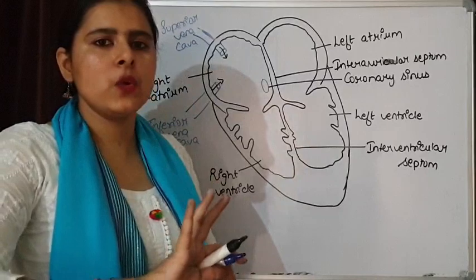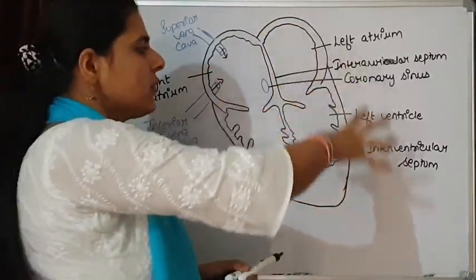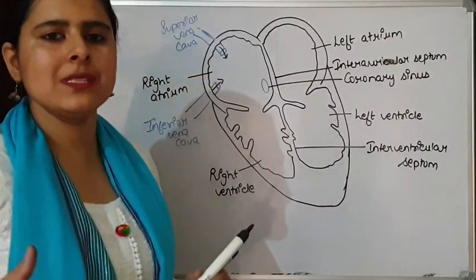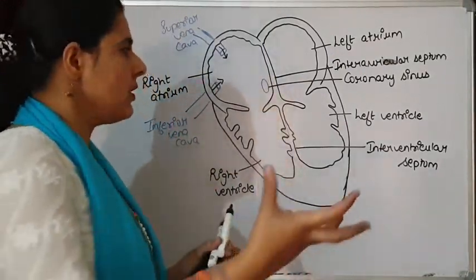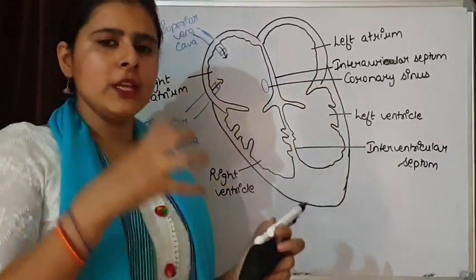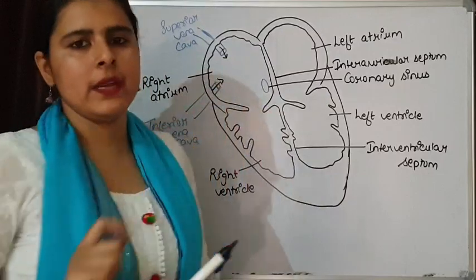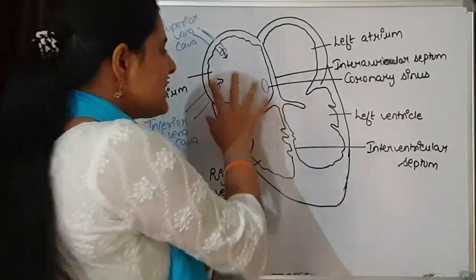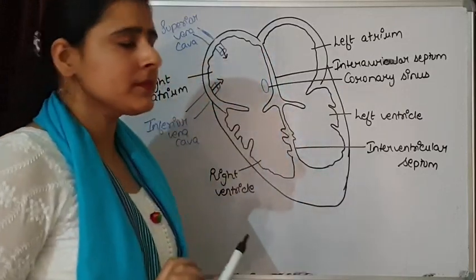Coronary veins are going to collect deoxygenated blood from the heart walls. Heart walls are continuously getting oxygenated blood with the help of coronary arteries. So coronary veins will collect the deoxygenated blood and they will also pour it into the right atrium. So these are the three openings that are present in the right atrium.